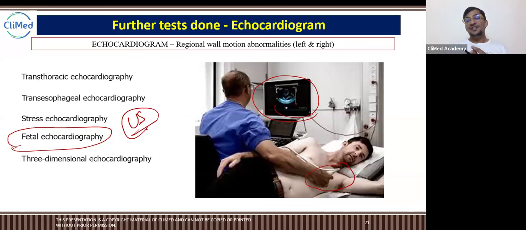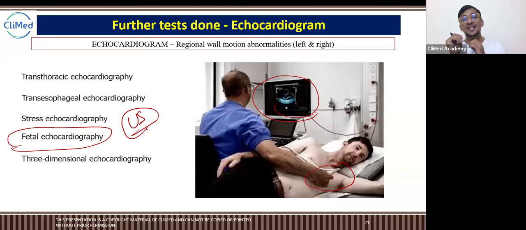There is a difference in the frequencies. In the fetal echo, the frequencies are more sharpened, but not at higher intensities. Understand why? It doesn't cause harm to the patient or the babies at all. But the difference here is the sharpness.